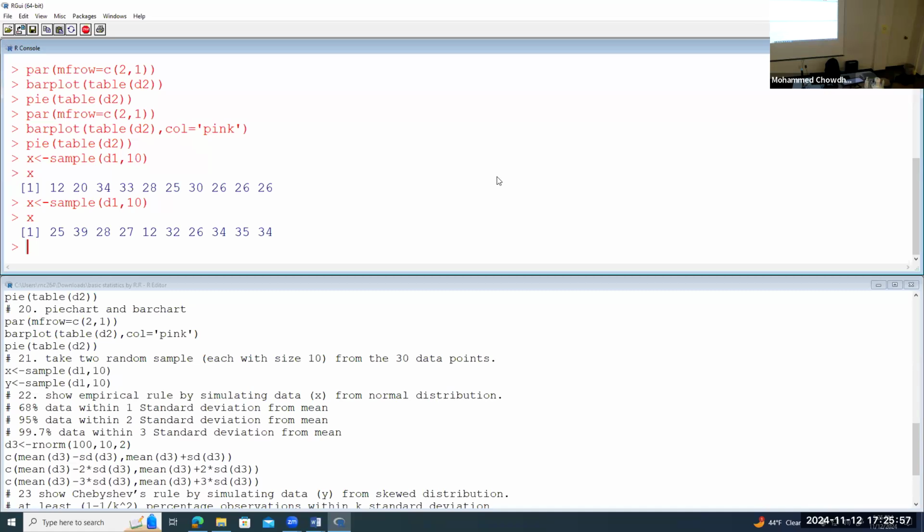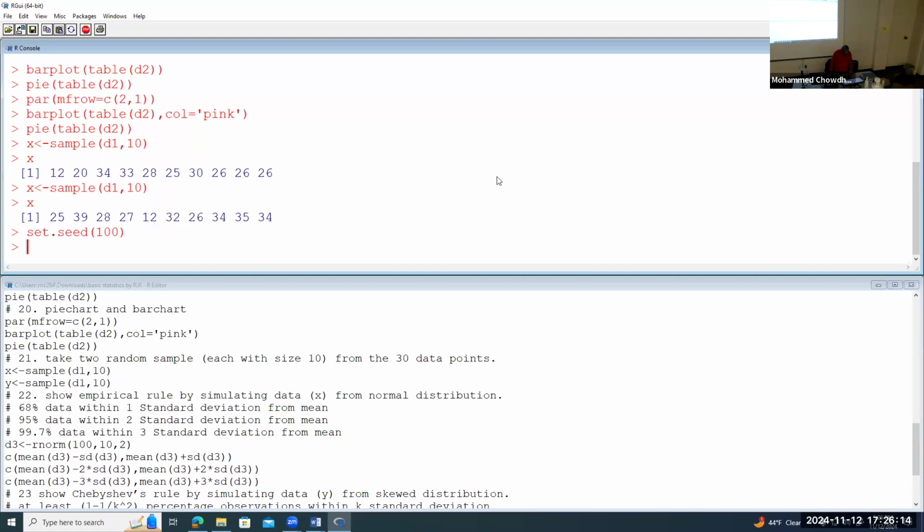Clear, right? But if you want to take the same sample again and again, there is a trick. That trick is known as, I think, set.seed. I put this seed, 100. Let me see whether it will work. Yeah.